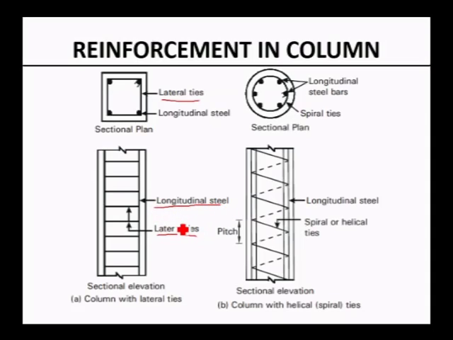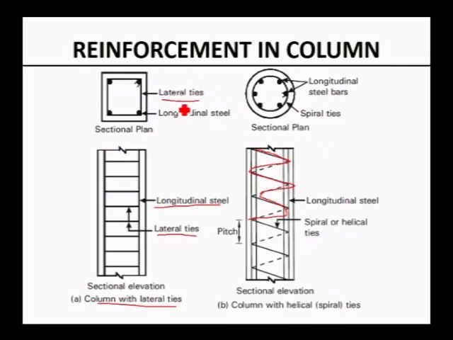Longitudinal reinforcement is the main reinforcement which will resist the compressive force. Okay, this is the column with the lateral ties. Sometimes circular columns will be provided, instead of rings, with this type of spiral or helical ties.